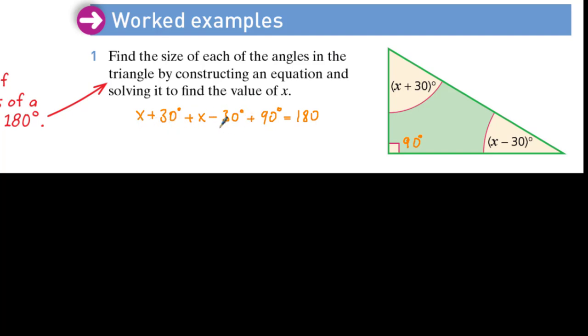The other part, we are going to add the like terms, which means x and x add to 2x. Then 30 and minus 30 simplify each other. 30 minus 30 is 0, then plus 90. 2x plus 90 is equal to 180 degrees. Then 2x is equal to 180 minus 90, which is equal to 90 degrees.